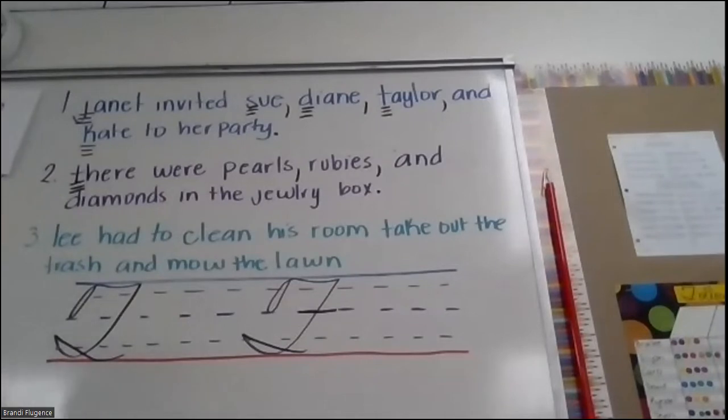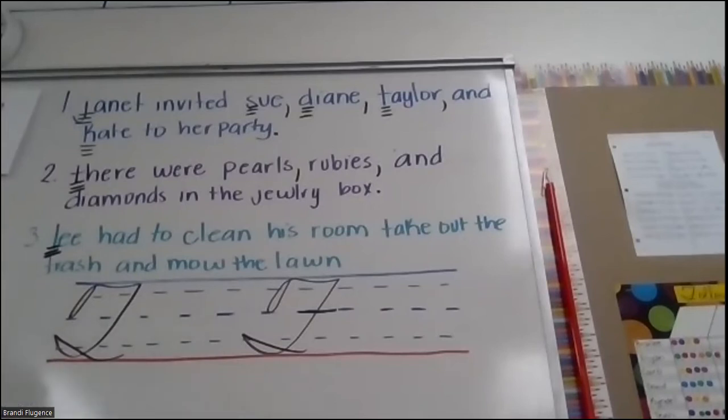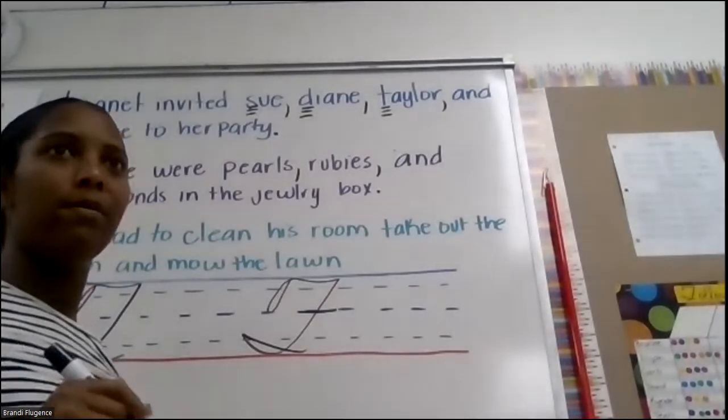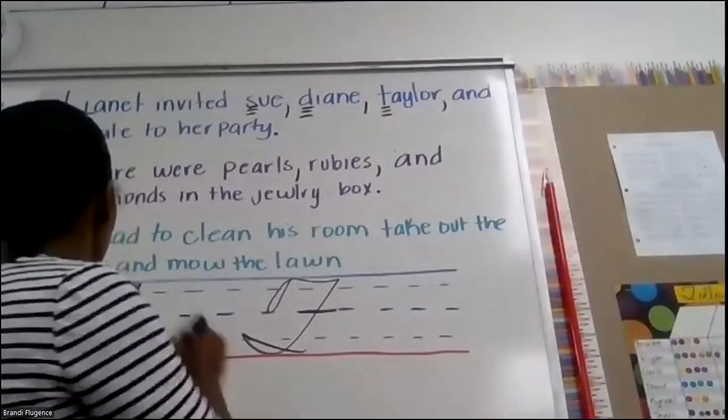Now this one, I hope you read it so that you know where to put the commas. Okay, let's go ahead. How should I write this one correctly? First letter of Lee has to be capitalized. Put a comma by trash.